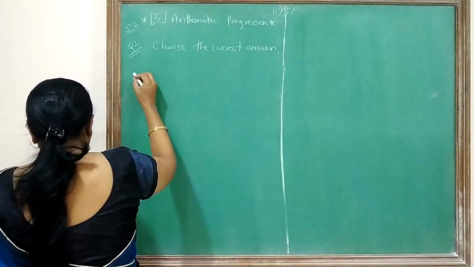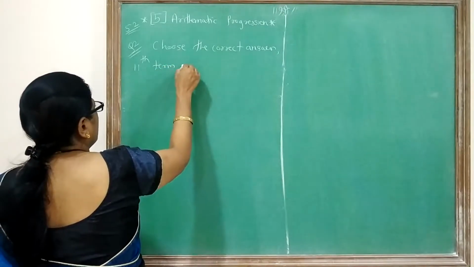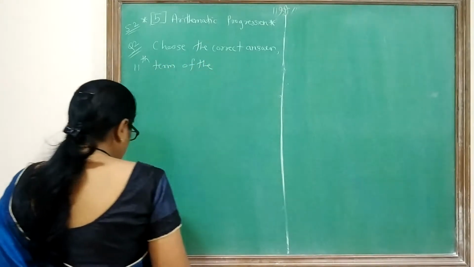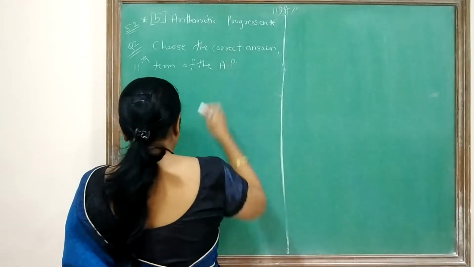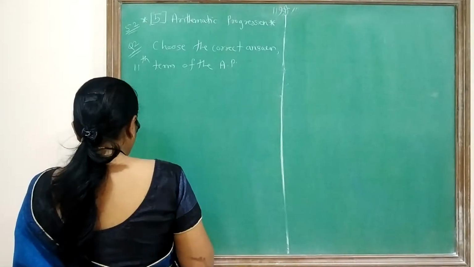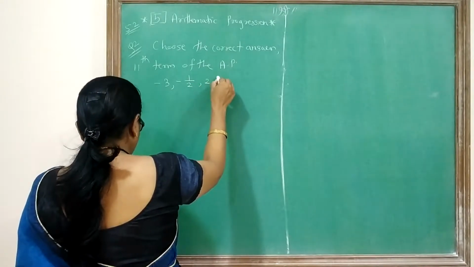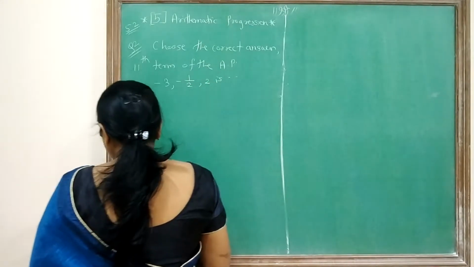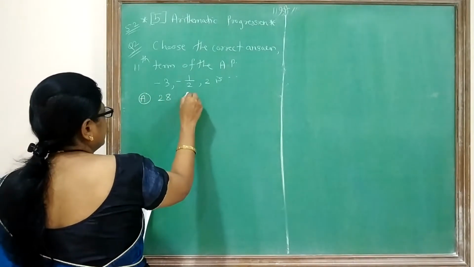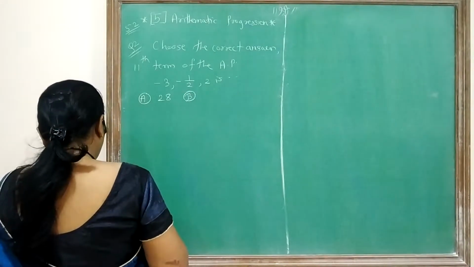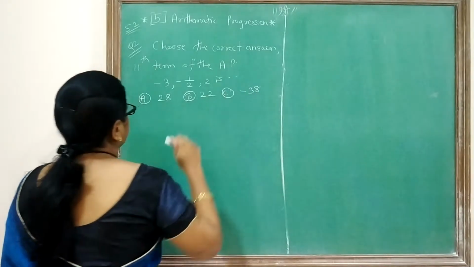Then your second question is, 11th term of the AP minus 3, minus 1 half, 2, dash dash dash, and your options are A is 28, B is 22, and C is minus 38.